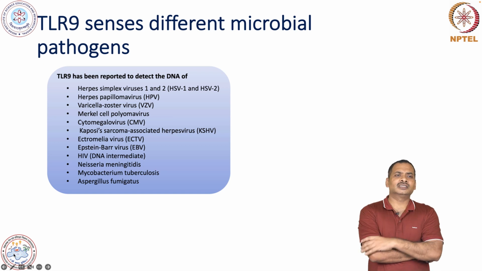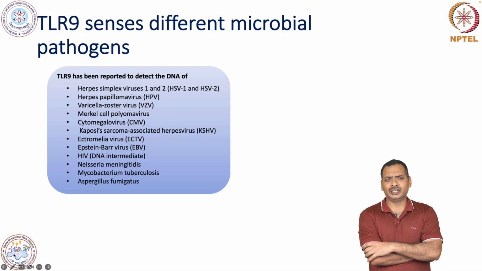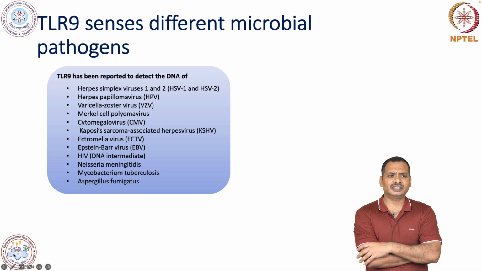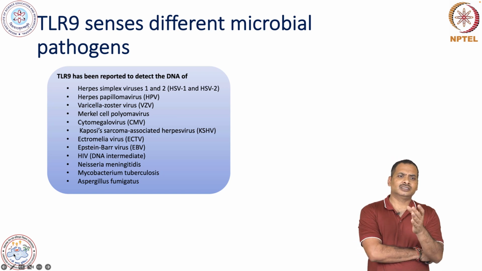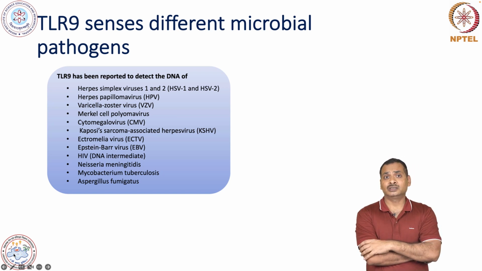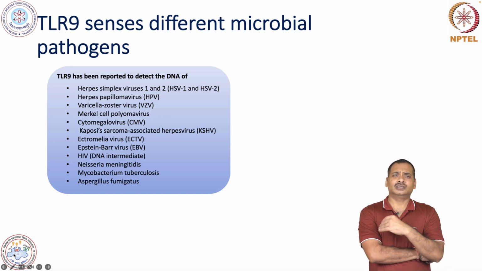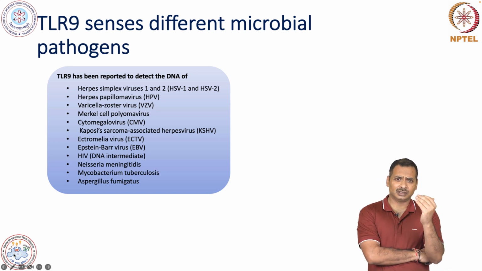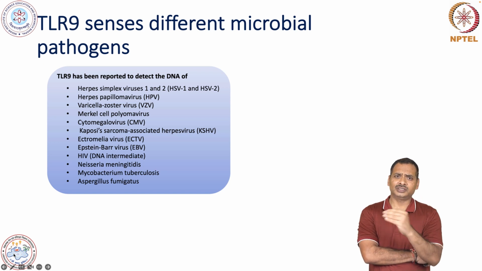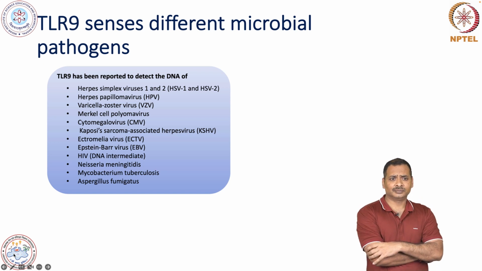There are various TLR9 ligands. Here you can see herpes simplex virus. There are two types of herpes simplex virus, and TLR9 senses the DNA from these two viruses.